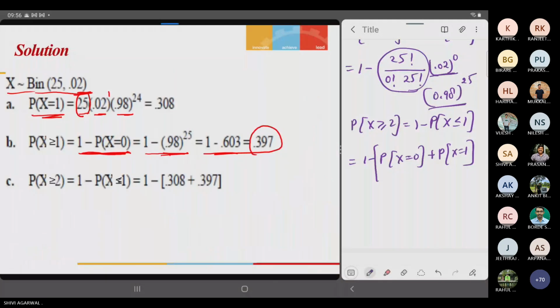Okay. So x is greater than 0 means 1 minus x is equal to 0 and x is equal to 1.